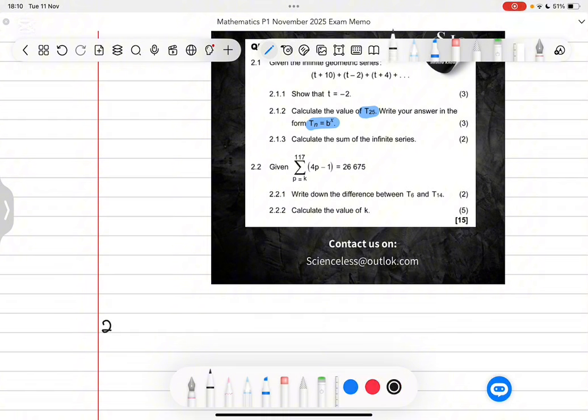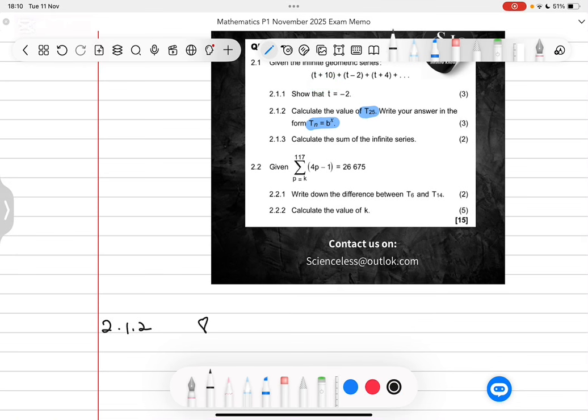Now, to answer this question, we need to construct our series. We already know that the value of t here is negative 2, so we need to put this in numbers so that we can simplify. Here I'm going to say negative 2 plus 10.